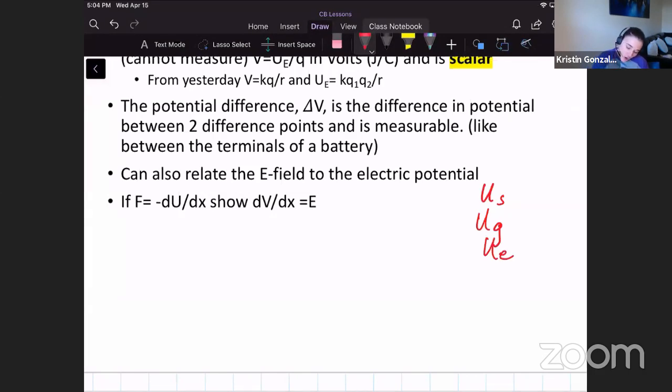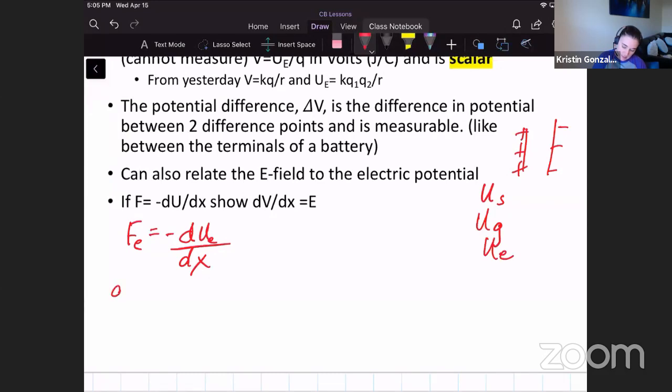Okay. So I can turn this force, though, because if this is the electrostatic force, that's the negative derivative of the potential energy, we'll say the electric potential energy, over dx. Well, how can I find that electrostatic force if we're in a uniform electric field? If we're in a uniform electric field, how could I find what the force on a charge is?